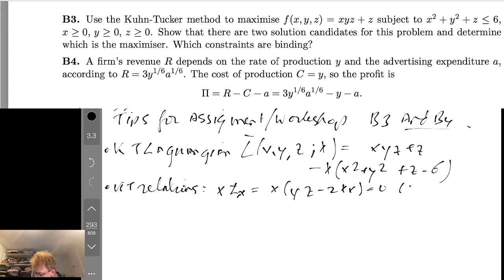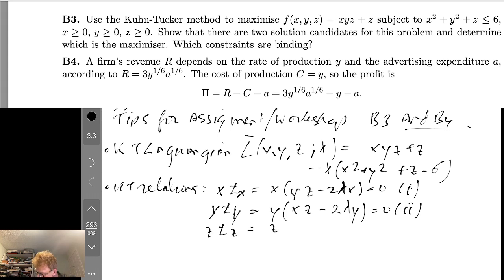We label that 1. Then y times L bar dl dy, so that's y times (xz minus 2 lambda y) is 0, that's 2. And then z times dl by dz is z times (xy plus 1 minus lambda) is 0.